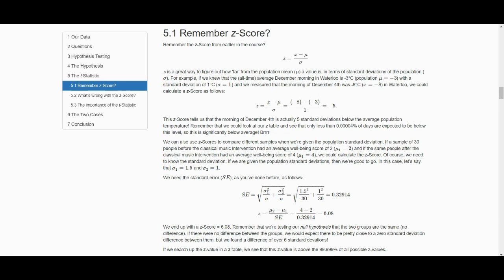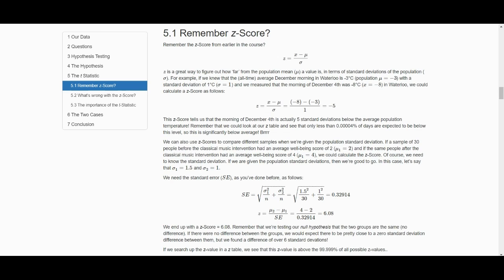So, for example, if we knew the all-time average December morning in Waterloo, -3 degrees Celsius, that is, if we knew that mu is -3 with a standard deviation of sigma equals 1, and we measured that the morning of December the 4th was -8 degrees, x equals -8 in Waterloo, well, we could calculate a z-score as follows. Because z is x minus mu divided by sigma. So that is the difference between a score and the population mean divided by the population standard deviation.